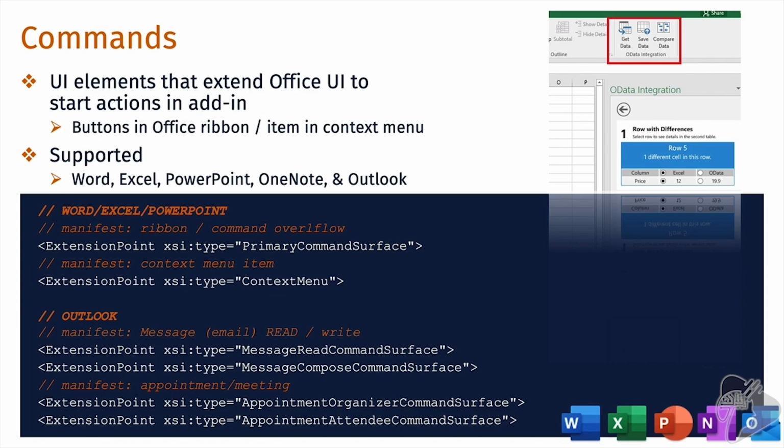In Outlook, we have two different modes, and each mode has two sub-modes. When you're working with a message or an email, you're either in read mode or compose mode. When you're looking at an appointment, you're either in read mode, where I'm an attendee, or compose mode, where I'm the organizer of the meeting. That's where you can define where these different things will appear.